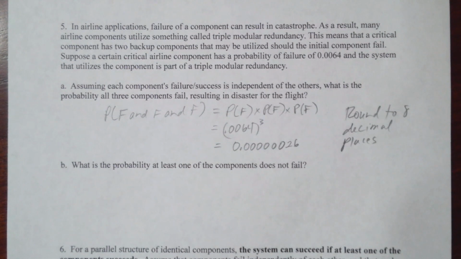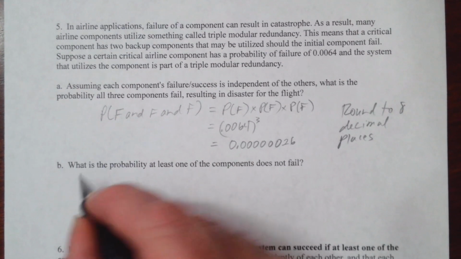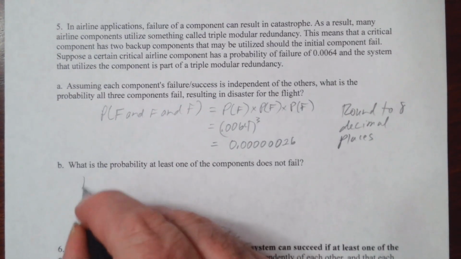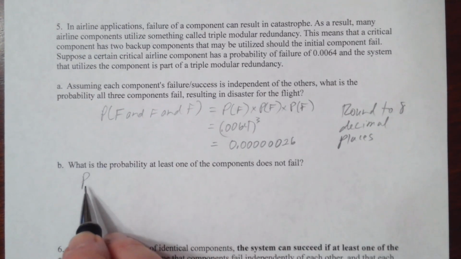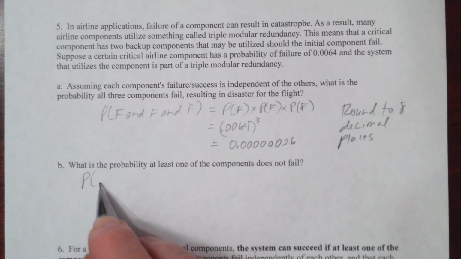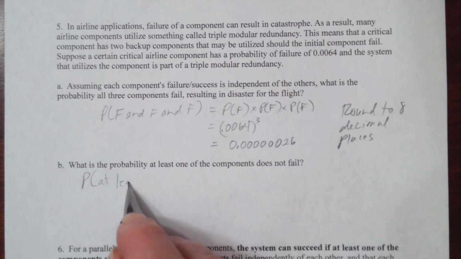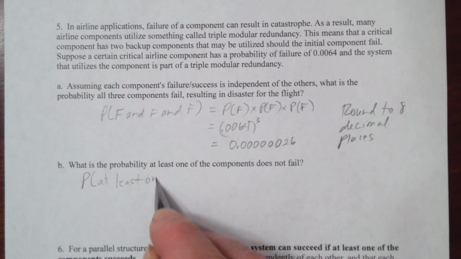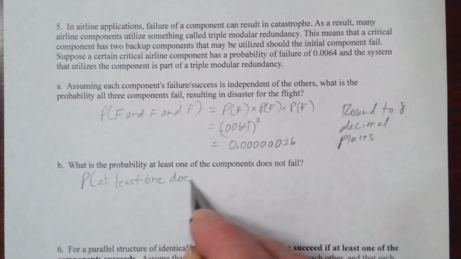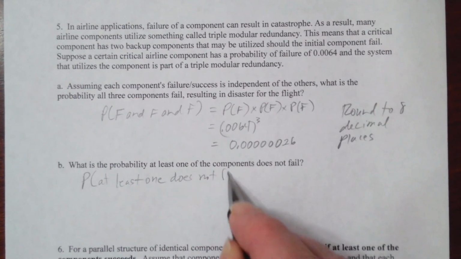Part B, what is the probability at least one of the components does not fail? So think about what is the complement of that. So we want the probability at least one does not fail.